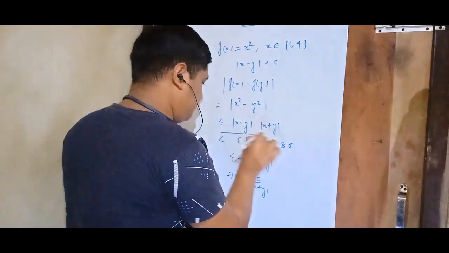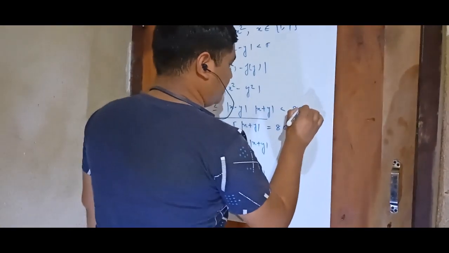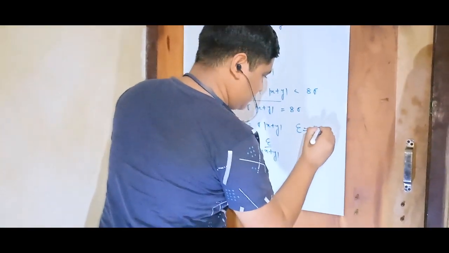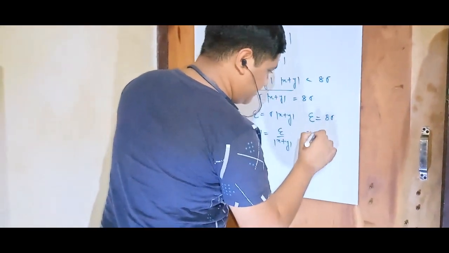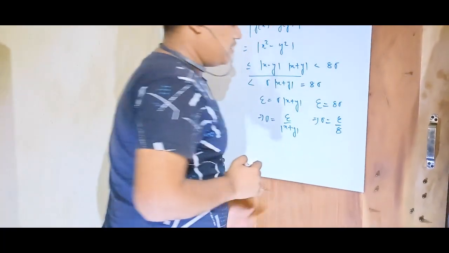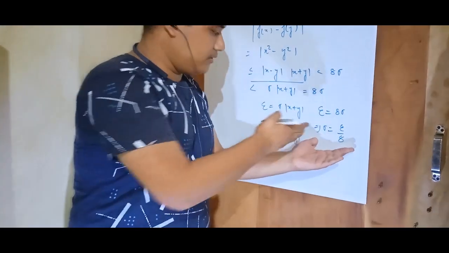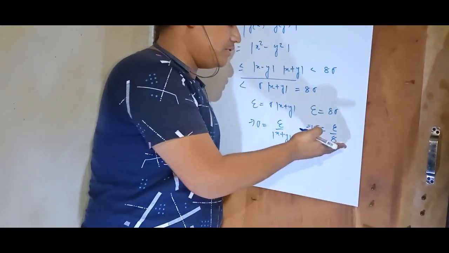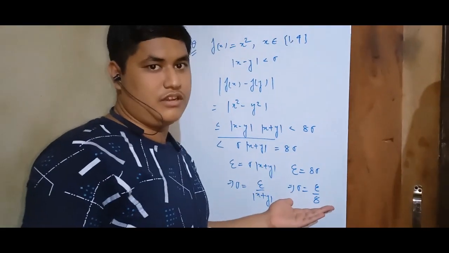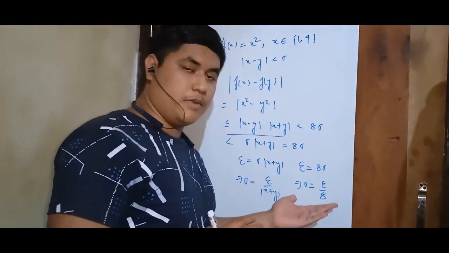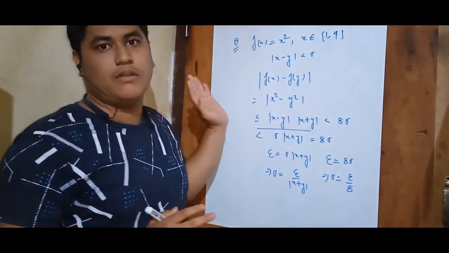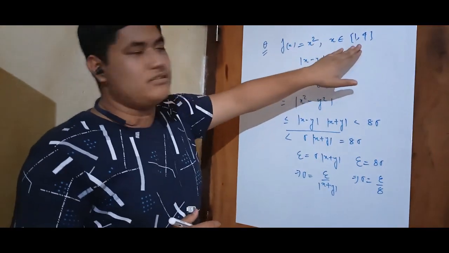So this term is less than 8 into delta. So I can write epsilon equals 8 delta, and delta equals epsilon upon 8. Here delta is completely dependent on epsilon. So this function is uniformly continuous on this domain.